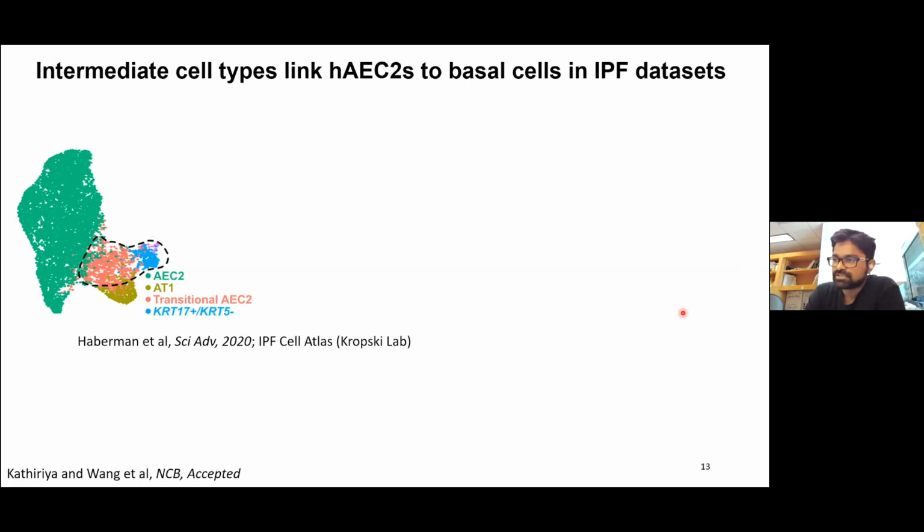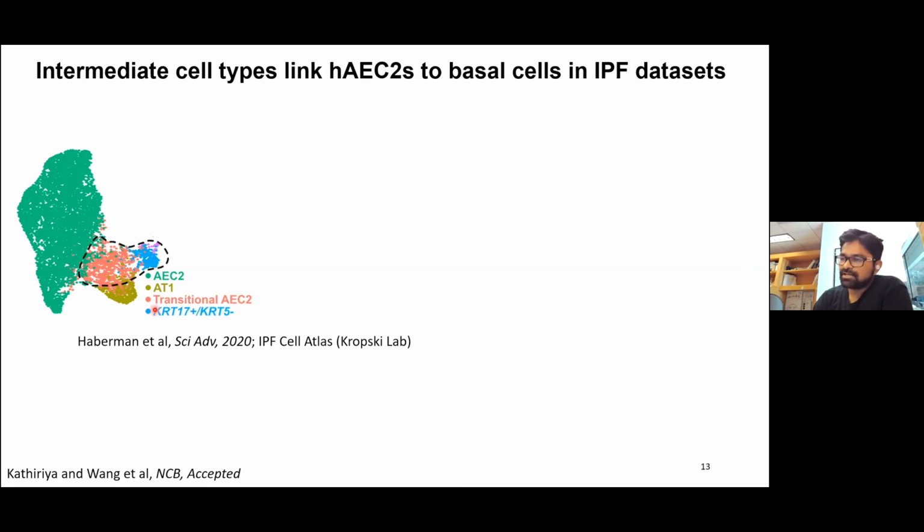They found, among the type 2 cells and type 1 cells, two cell populations, which they termed transitional AC2s, which were highly similar to type 2 cells, and these KRT17 positive, KRT5 negative basaloid cells, which they found to be persistent and almost terminally differentiated, if you will, in IPF lungs.